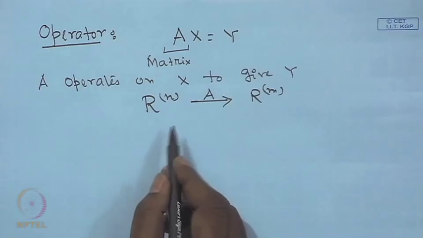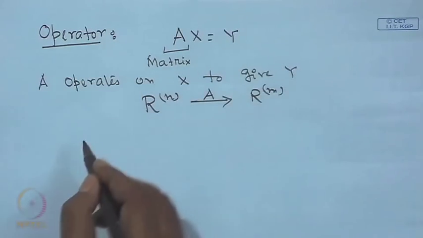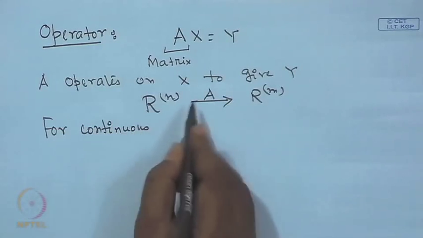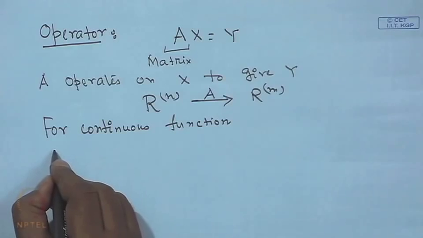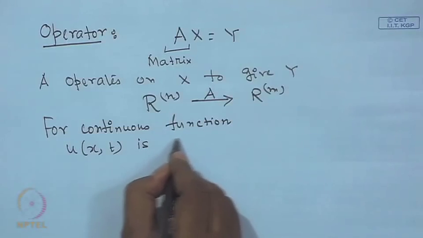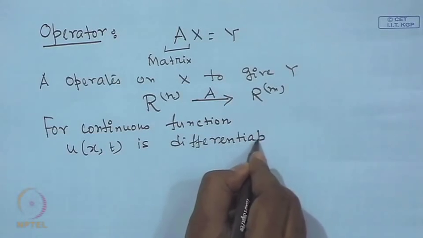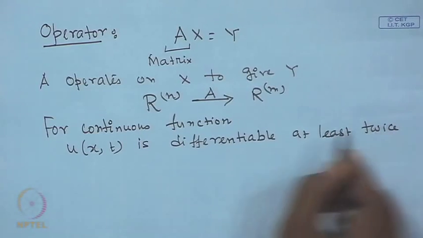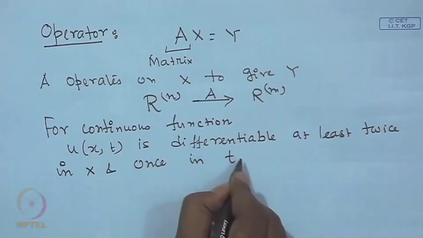So, this is for the discrete domain. For continuous functions, we consider the function u of x and t, differentiable at least twice in x and once in time t.